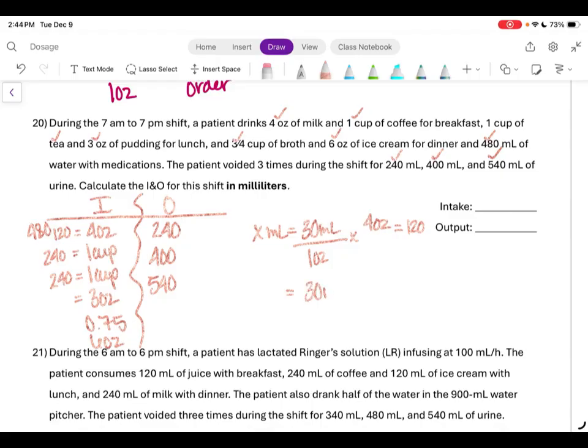So we'll do 30 times 3, which is gonna give us 90. For 0.75 of a cup, I think it's just easier to do dimensional analysis. So you know that there's 240 in 1 cup, and then you multiply it by the 0.75 cup. And what you'll get will be 180.